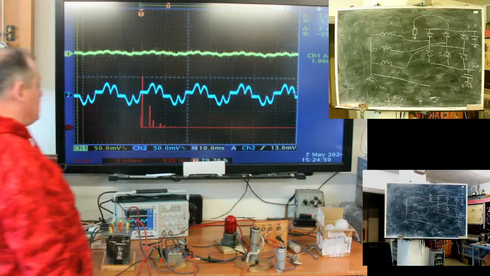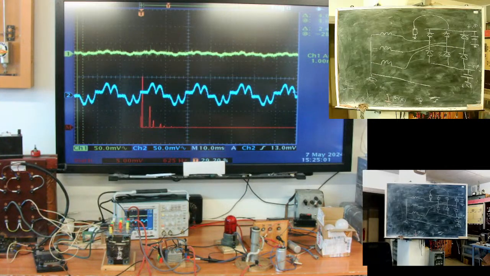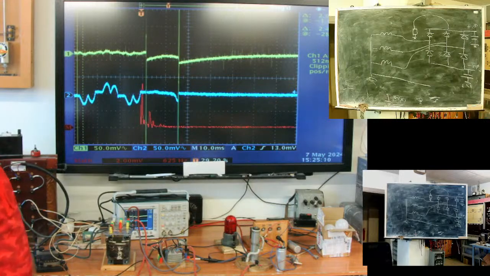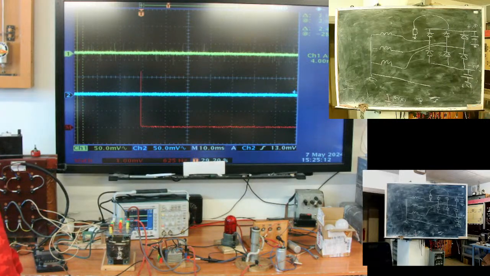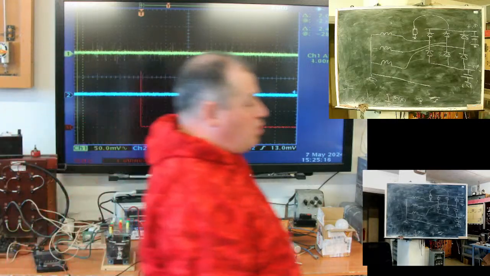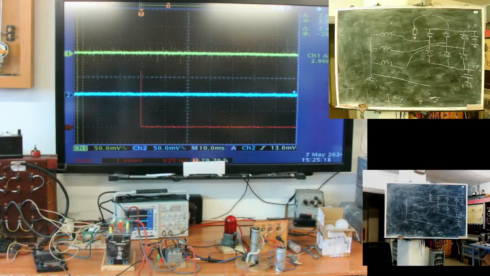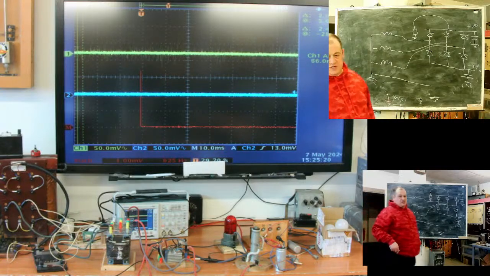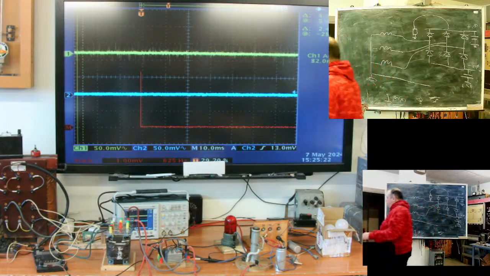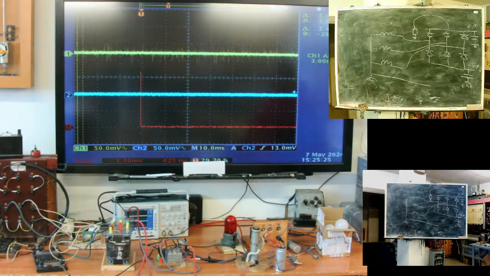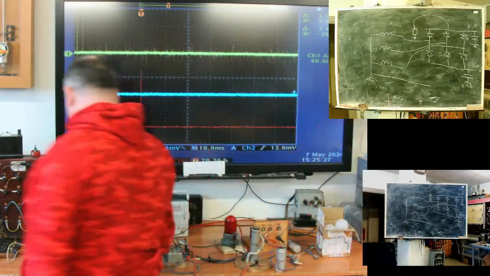This is the case of a normal full bridge. What can I do? Do something more. Something more is not a star connection, but delta. A more complex thing is a delta connection of the transformer. Here we had star to star.